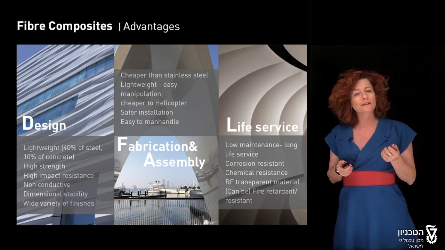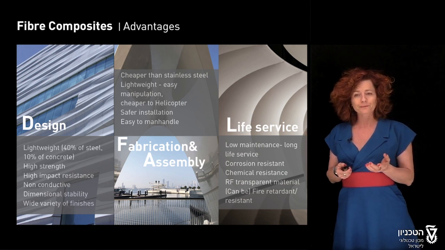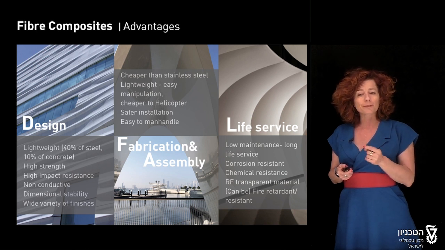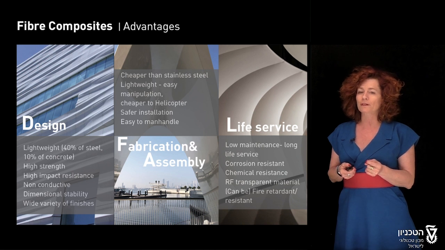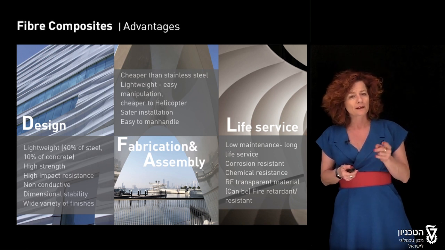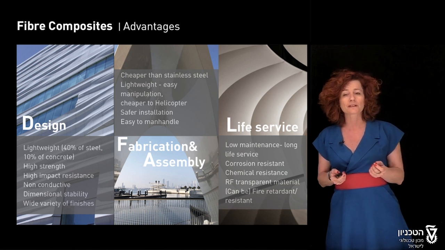Take, for example, the fact that it's so lightweight. For an equivalent performance, the material could be up to 40% the weight of steel and only 10% the weight of concrete. That means that you can design a slender structure with a tiny section, challenging conditions.